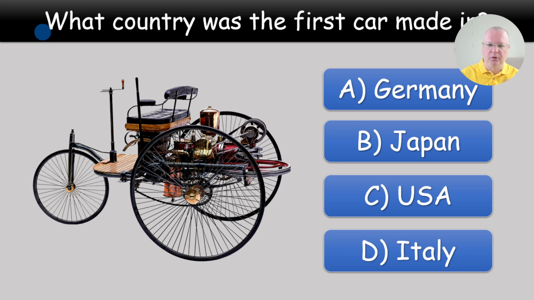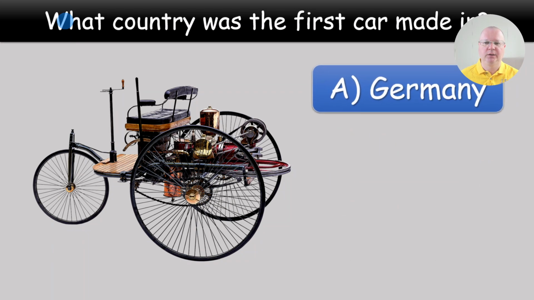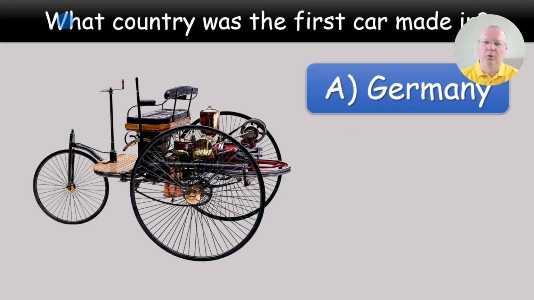invite again a student from each team and show them the question: what country was the first car made in? And they need to guess the answer if they don't know it. Yeah, in this case it's Germany. And also you can give them a little bit of information about this, a fact.